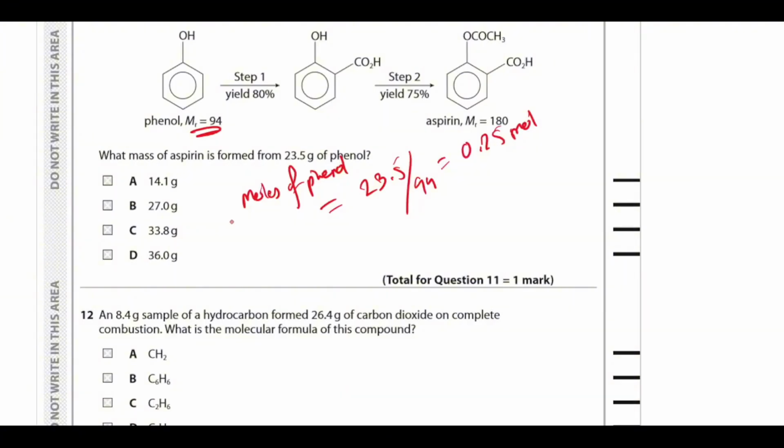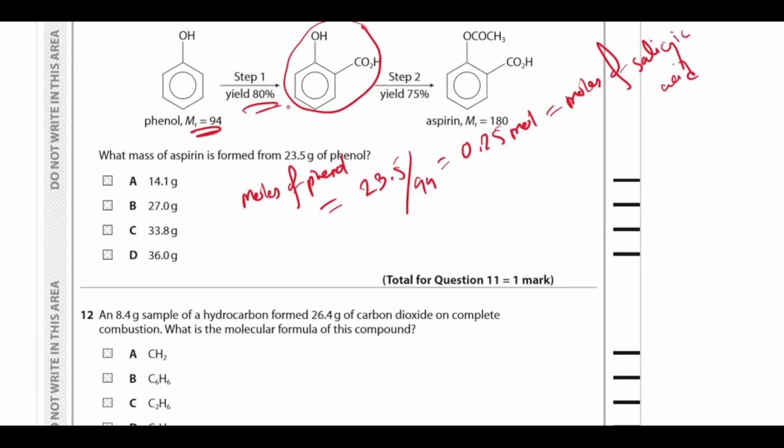Now, if we calculate the theoretical moles of salicylic acid, at first we can use the mole ratio down here. We can clearly see that 1 mole of phenol produces 1 mole of salicylic acid, which is the intermediate compound formed after step 1. Since the ratio is 1:1, the moles of salicylic acid is also 0.25 mole. All right. Now that we know the moles, we also know the yield, which is 80%.